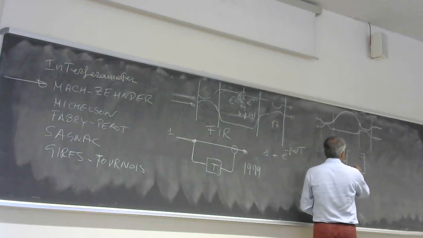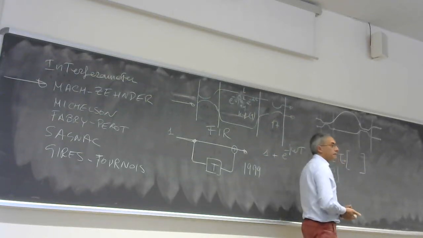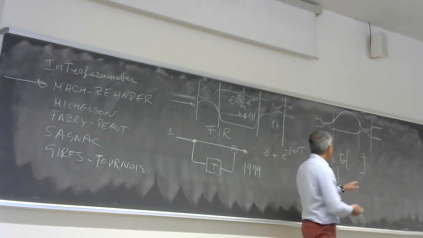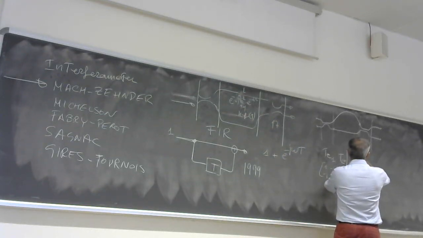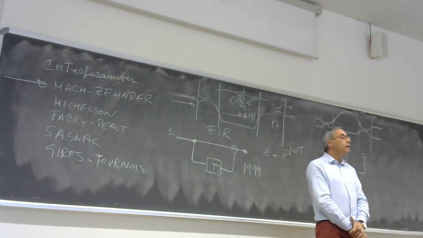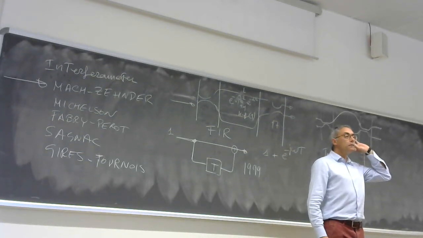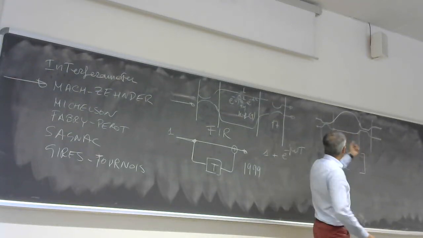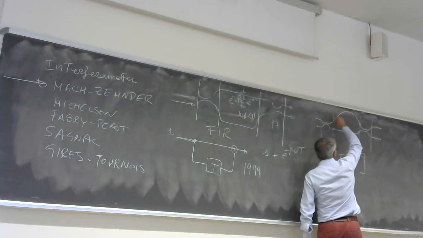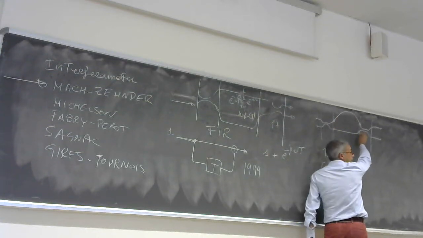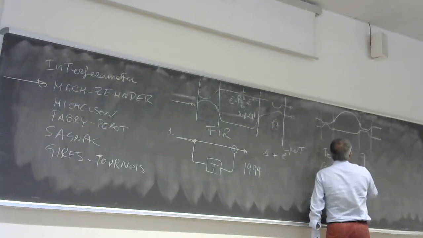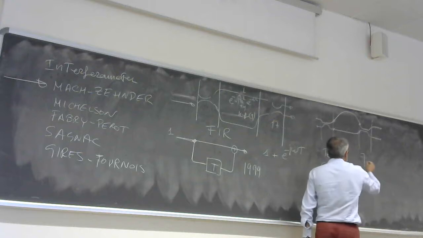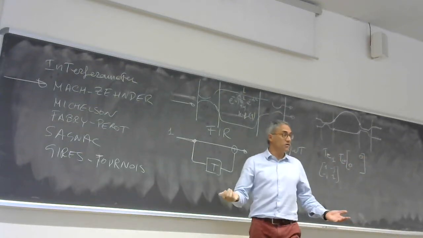Who wants to try? Let's start from these two. They're very easy. What do I have to write here? Cosine, sine? 0. The two waveguides are not coupled, so if I enter from here, I exit from here, not from here. So this is 0. And if I enter from here, I exit from here, not from here. It's not a directional coupler. So 0. It's easy.